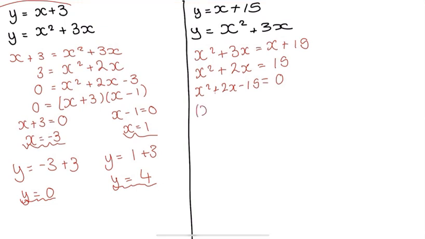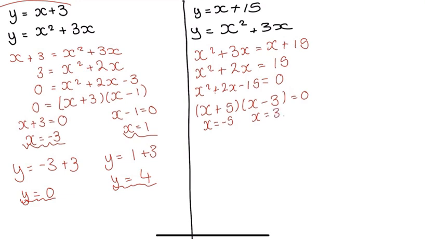Now when you factorise this, you should get x plus 5 and x minus 3, as 5 times minus 3 gives us negative 15, but 5 take away 3 gives us positive 2. And then to solve this, you should set both brackets equal to 0, meaning that your x would have equalled minus 5 and your x could have equalled 3.